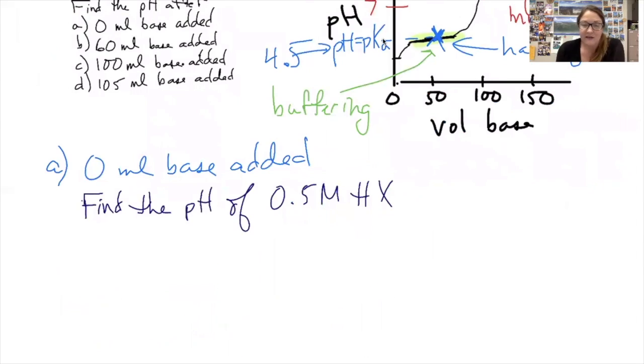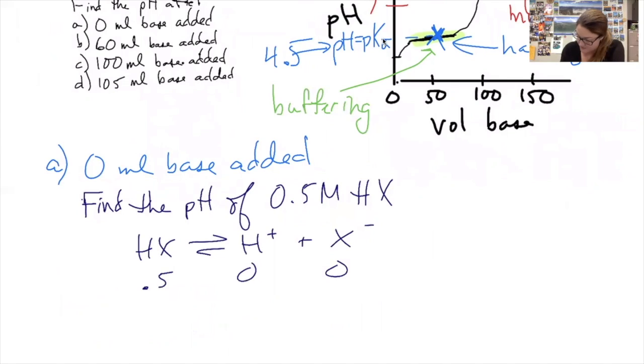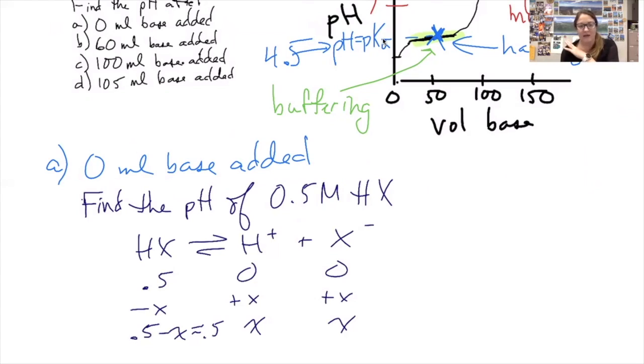This is a weak acid, so weak acid is equilibrium. So I'm going to write a dissociation equation. I'm going to plug in my initial concentrations, my X row, we get to make the assumption that 0.5 minus X is basically still 0.5, because X is going to be a really small value with a Ka value that's small like this.